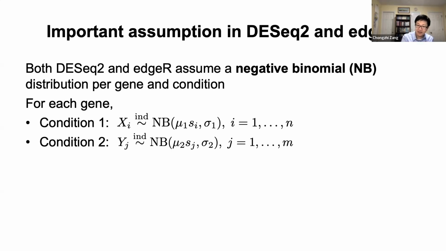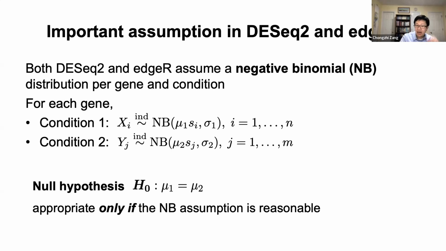So again, that negative binomial distribution measures, in one certain condition across different samples, the expression level of one gene following a negative binomial distribution.